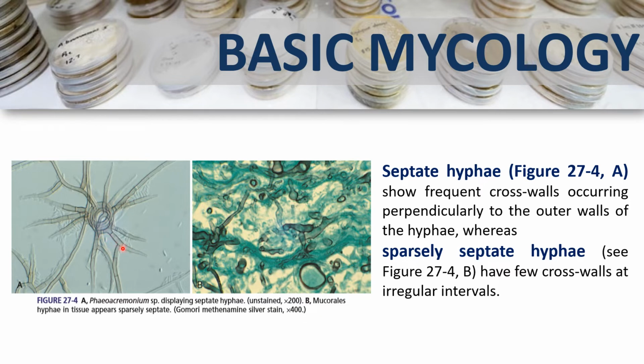Okay? Septum distance. Ayan. Pagdating sa sparsely septate hyphae naman, class, okay, have a few cross walls at irregular intervals. May cross walls sa, class, compare with this one, meron siyang cross walls, pero in a good interval. Yan, 1, 2, 3. But here, class, you can observe, meron siyang septum, but sparsely siya. Yan.